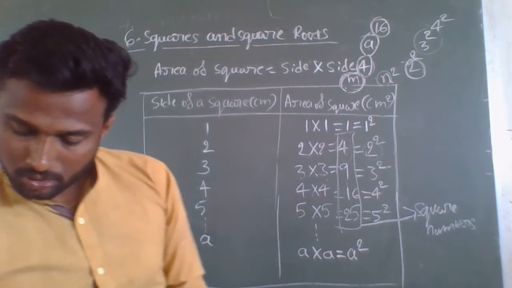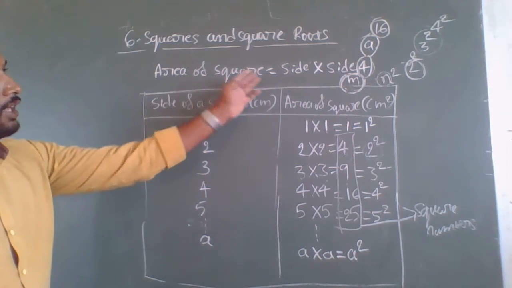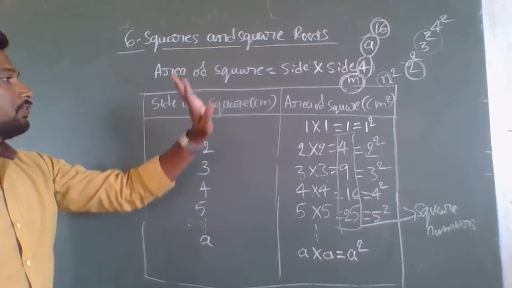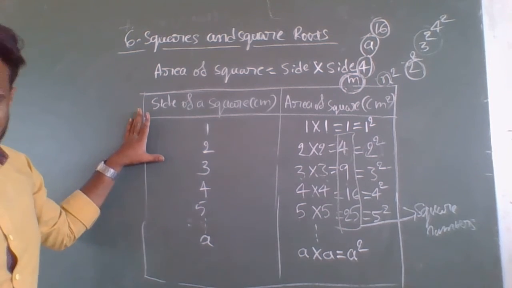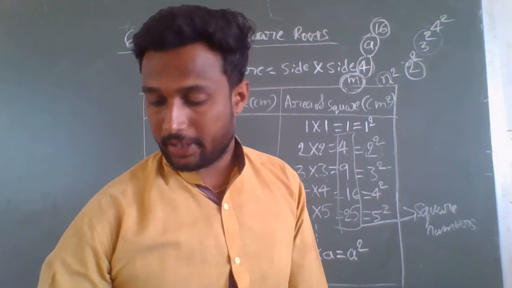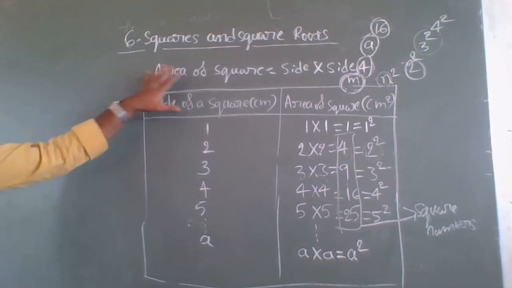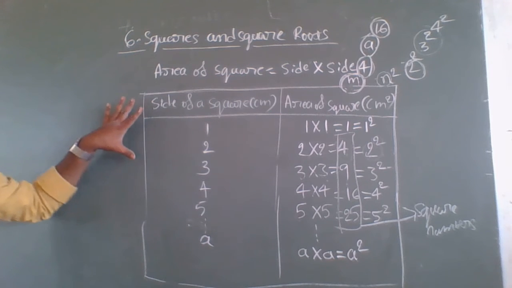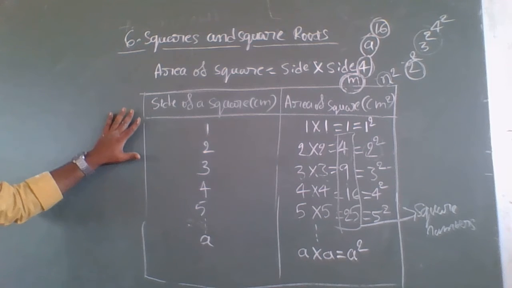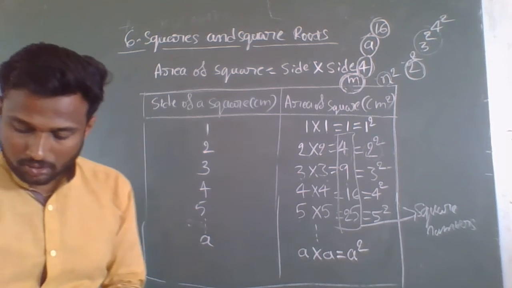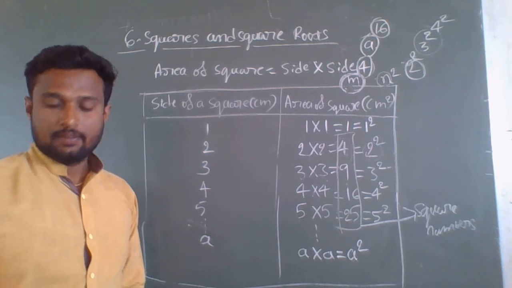So, in the introduction part, first write area of square and write the formula for area of square. After that, write down this table. They have given this on page number 89 in your textbook. So here, first you should write the area of square formula. After that, write this table. After that, write the definition for square number.